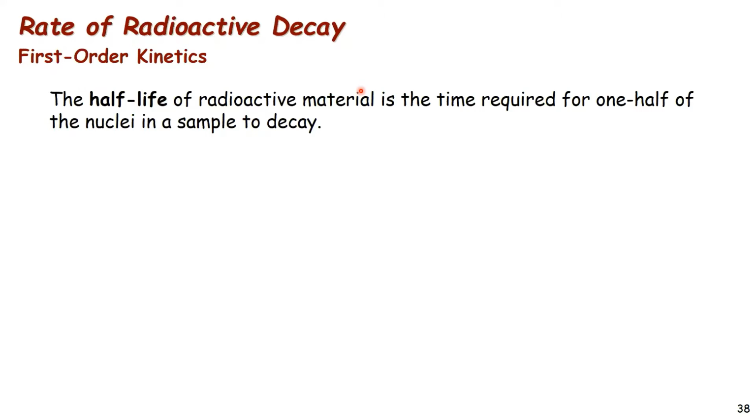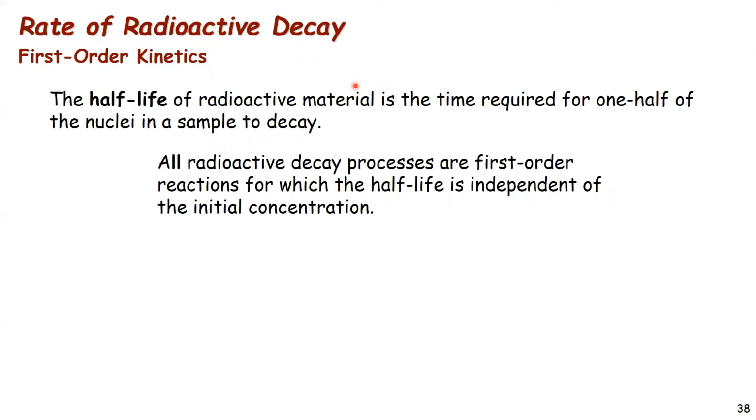Like I said, all radioactive decay processes are first order. So that means that the half-life is independent of whatever the initial concentration was. We're going to do some homework problems and we'll see why that is actually really important in real life.